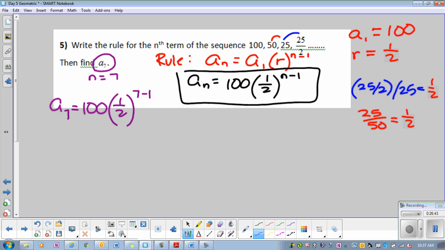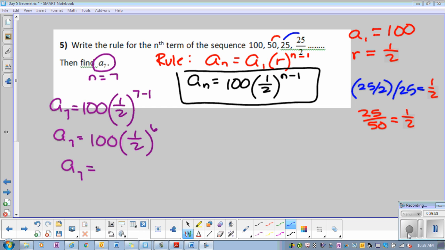So what is 7 minus 1? 6. Yeah, so it's really 100 times 1/2 to the 6th power, which gives me what? So you should have 25 over 16. Yes? Yep. All right.